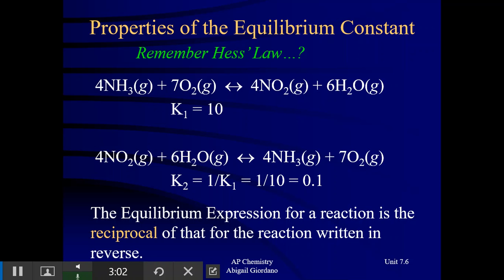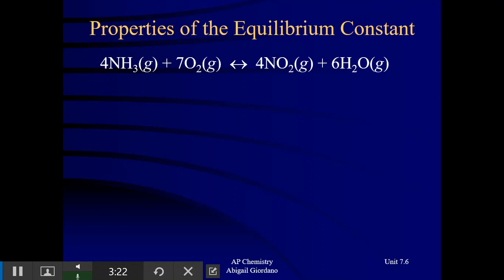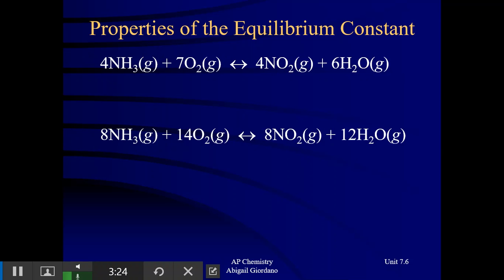What's another way that we manipulated these elementary steps in a Hess's Law problem? Sometimes we also multiplied the coefficients in a reaction by some number. This time, move your eyes from the first reaction to the second. What happened? Notice that we have multiplied all of the coefficients times the number 2.